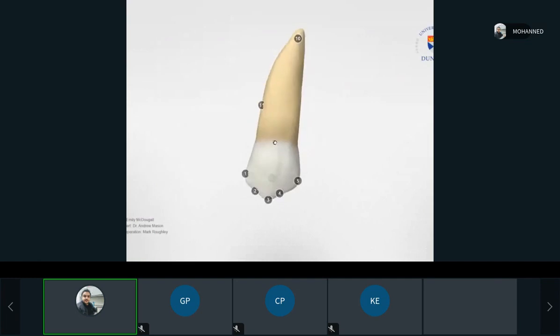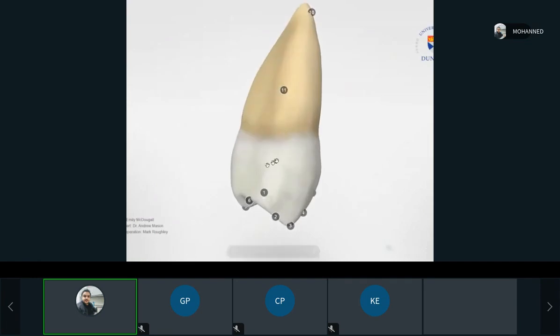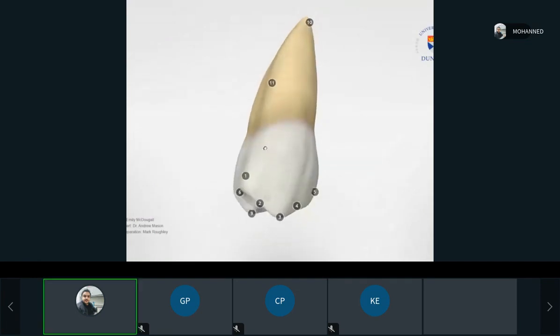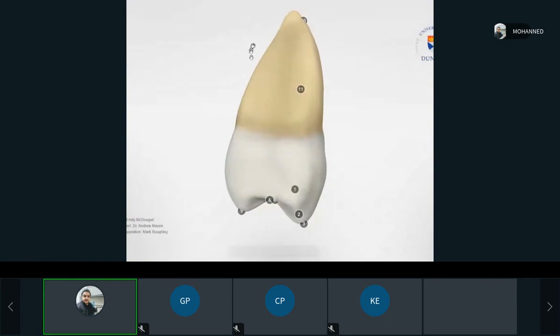Does it have that mesial groove that we looked at before? No, it doesn't, right? So it does not have that. How about how many cusps? Two, right? Is the buccal longer or are they almost the same length? Almost the same, right? So you can see the buccal and the lingual cusps are kind of the same, not like what we saw with the maxillary first premolar.